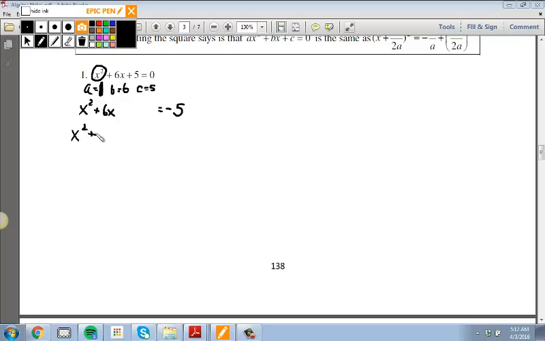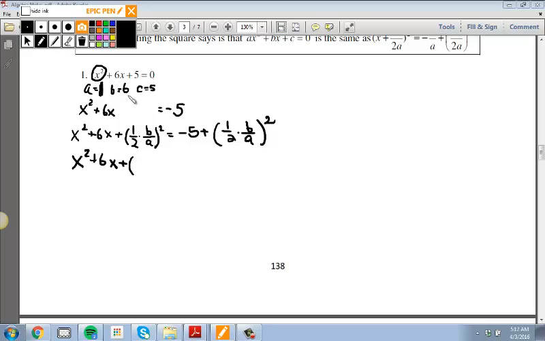Then we're going to add a half of b over a, squared, to each side. That is just something that you are going to have to remember. Now I know that b was 6, so I'm going to substitute that in, and a was 1.